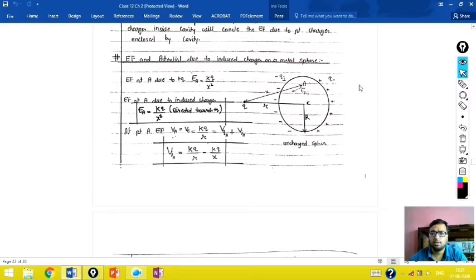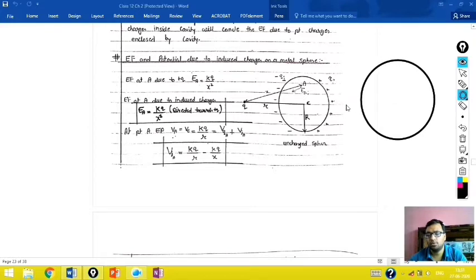The next property we have is the calculation of electric potential and electric field due to induced charge. Now try to understand. I think it is not required to draw another circle here.